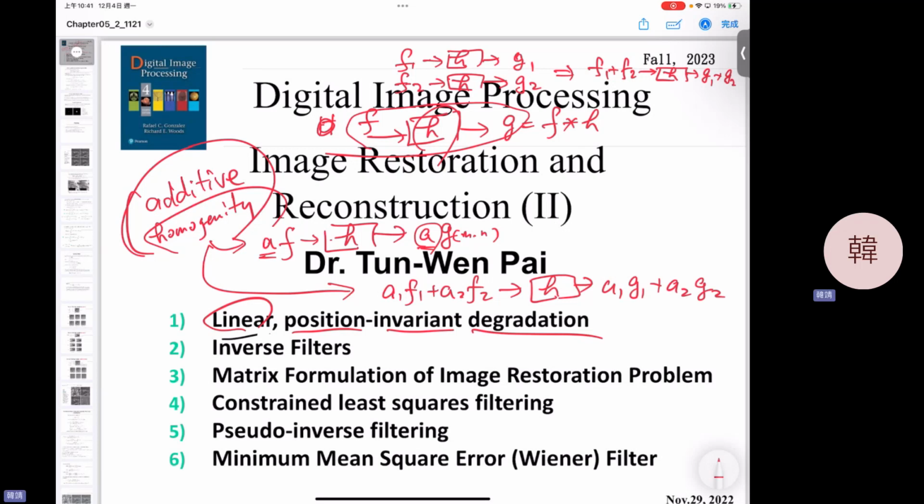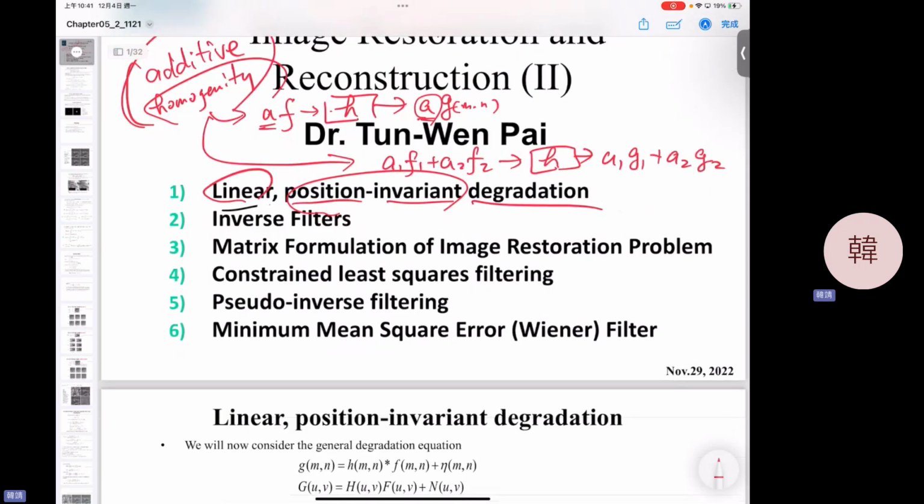Okay, how about the position invariant? In the time domain, we call it time shift invariant, for the speech signal. For the image, we call it position invariant, which means when you shift your image to a different position, the resulting degradation model will keep the same. The degradation result will not change depending on your position.